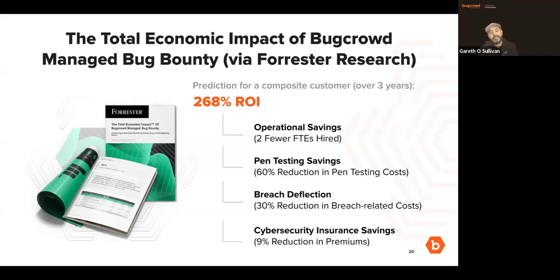And also there's cybersecurity insurance savings that could be brought to bear. So reductions in premiums because you're leveraging bug bounty as a testing control in your framework.